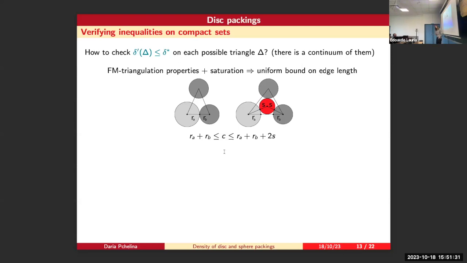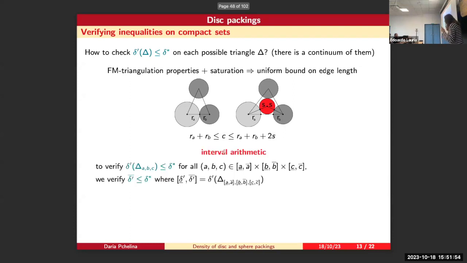On the other hand, we only work on saturated packings, so edges cannot be too long either, because otherwise we might insert a disk in the packing. So we have this uniform bound. Each edge of each triangle has a length inside an interval. And now we can use interval arithmetic.